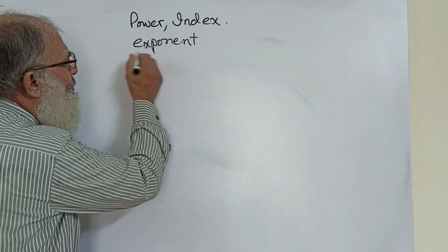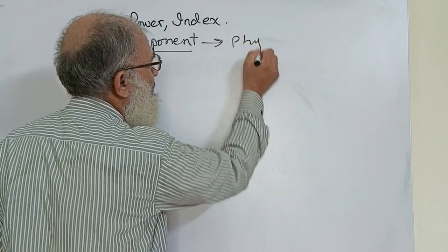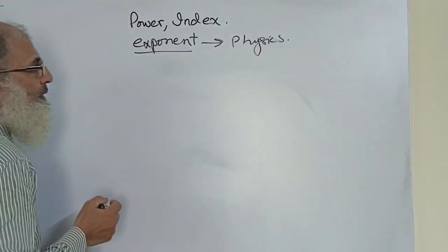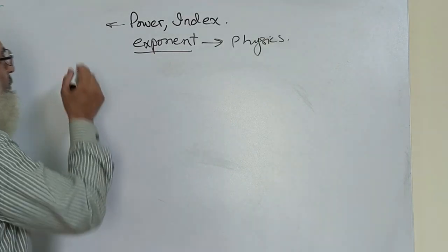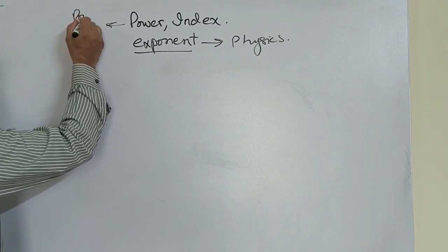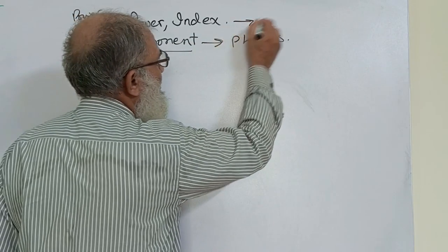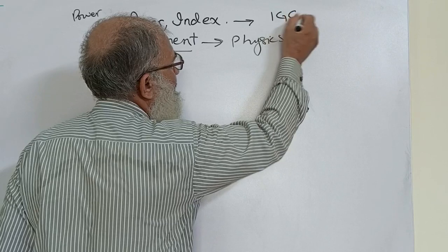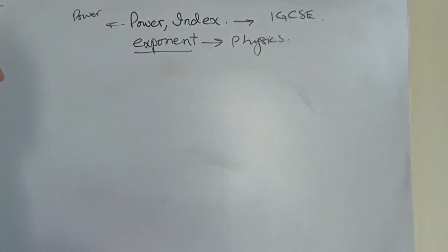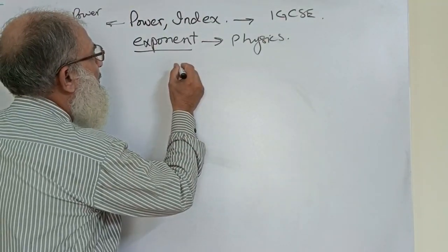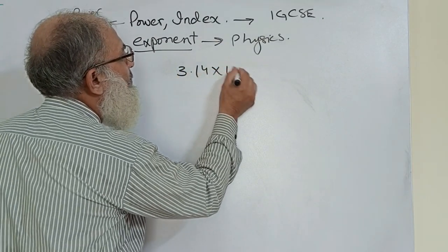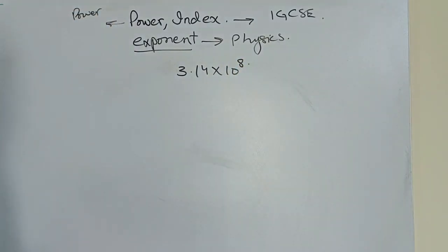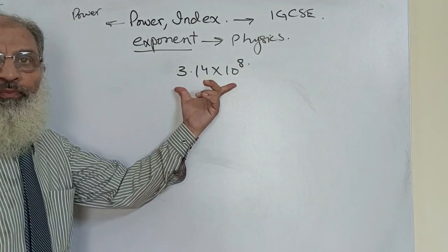Exponent is mostly used in physics. In the subcontinent, power is used for mathematics. For IGCSE, the word which is used is index. In physics, you might have noticed something written like 10 raised to power 8. This is an exponential form.